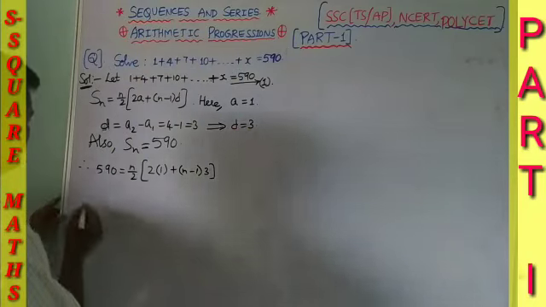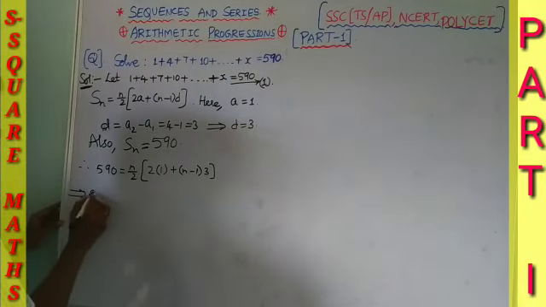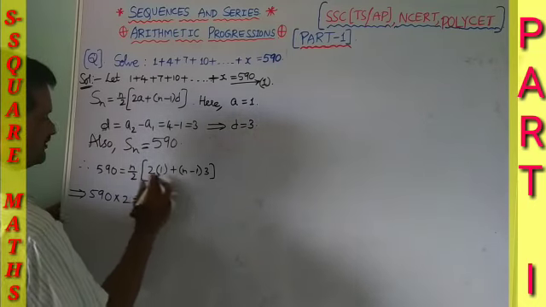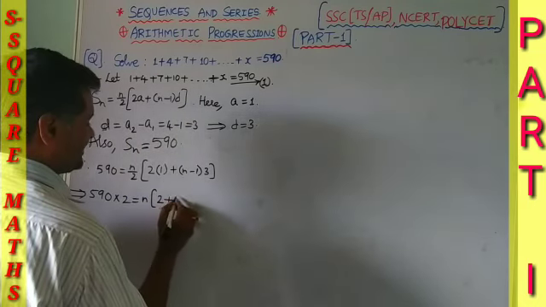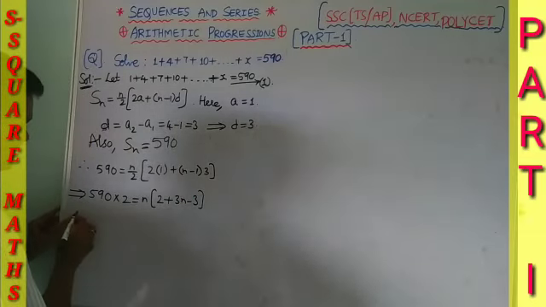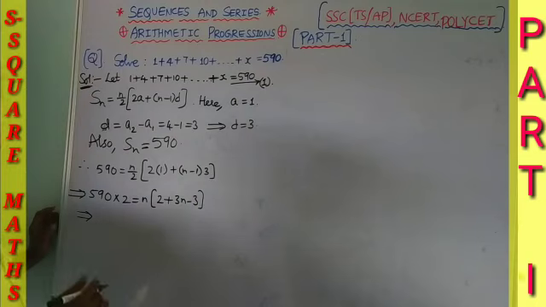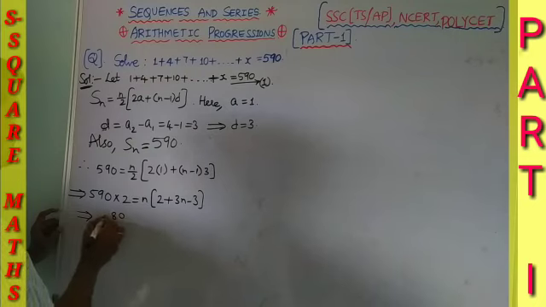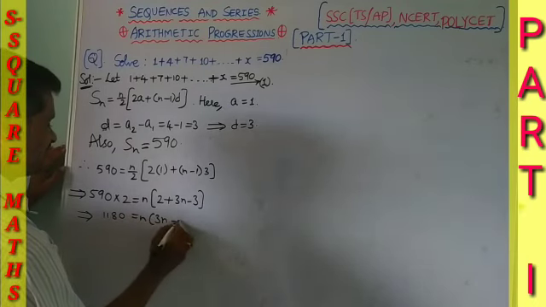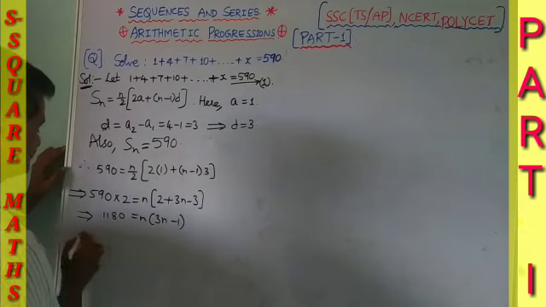So here by cross multiplication I can write 590 into 2 is equal to n of 2 into 1 is 2 plus 3 into n, 3n minus 3. Now by cross multiplication, 2 into 590: 2 into 0 is 0, 2 nines are 18, 2 fives are 10, 10 plus 1 is 11, so 1180 is equal to n of 3n minus 1, because minus 3 plus 2.